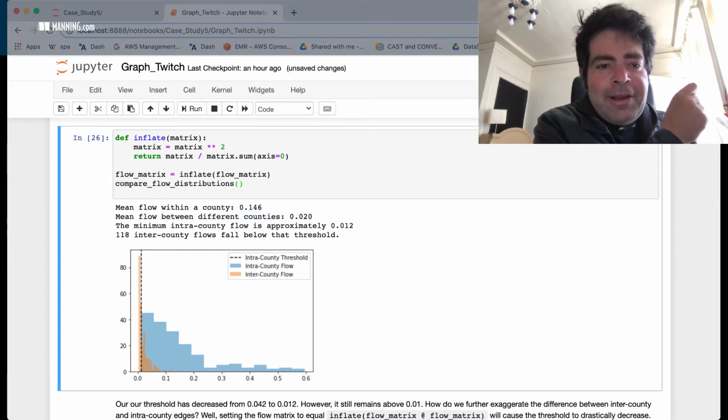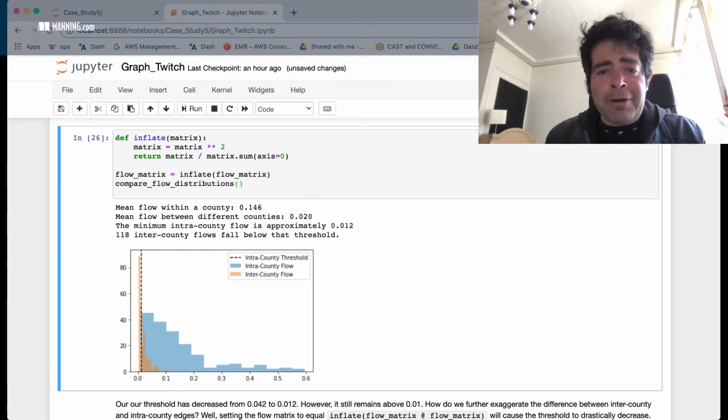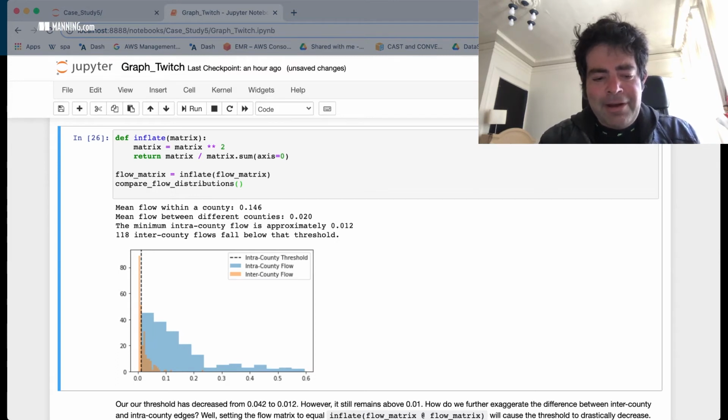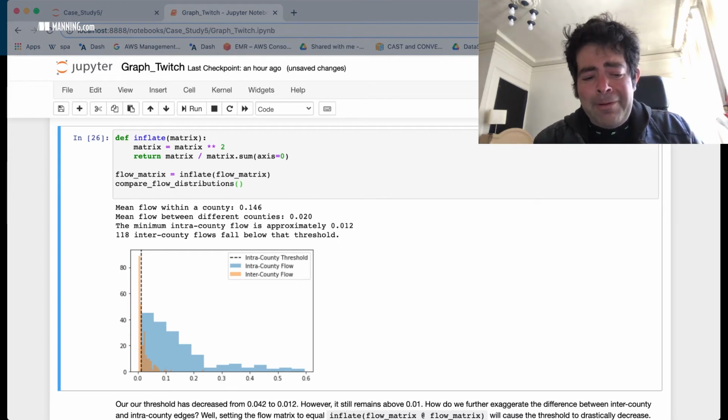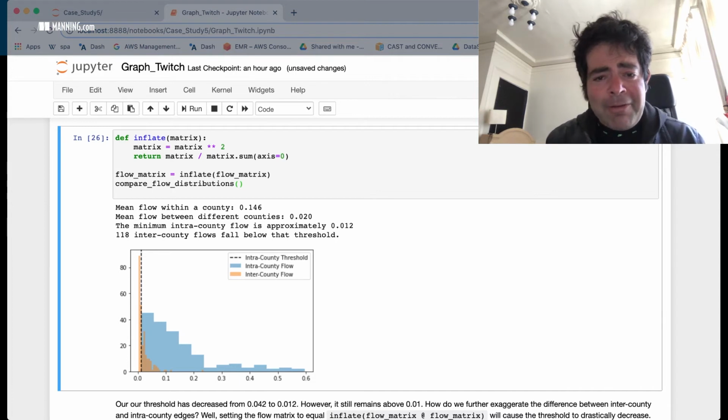More importantly, this vertical threshold right here, corresponding to the minimum inter-county flow, is now much, much smaller. It went down to 0.012, and there are like 118 pairs of towns that this threshold identifies as not being in the same county.